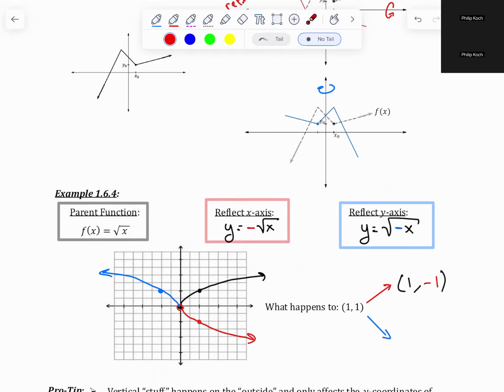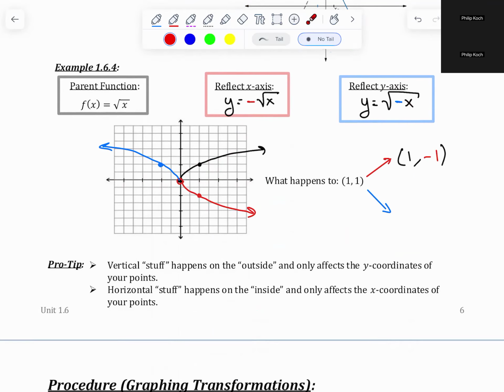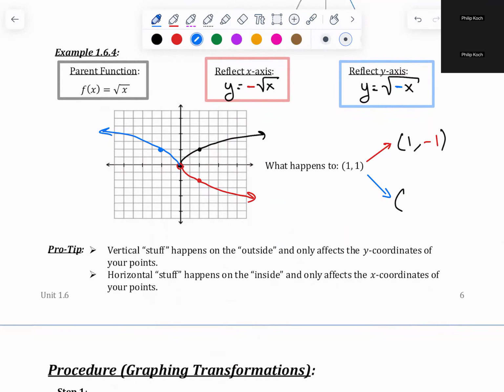So that brings up my pro tip. Sorry, I forgot to write the last point, which is that the x value gets flipped. Y value stays the same. So the good mantra to have for this section, if you can memorize this, then everything kind of comes into play. Vertical stuff.